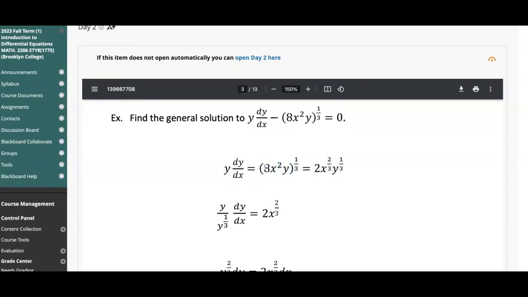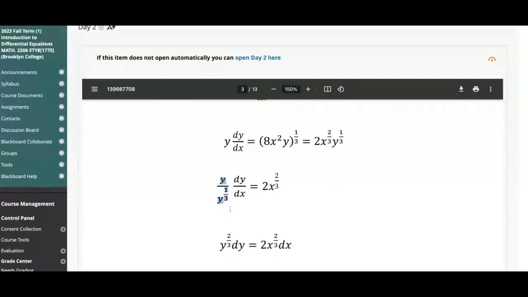Then we can simplify this. A is 2 cubed, raised to 1/3, that's just 2. Then x squared raised to 1/3 becomes x raised to 2/3. Then y raised to 1/3. Then we want to put y raised to 1/3 to the other side, and we want to put this dx on the right-hand side.